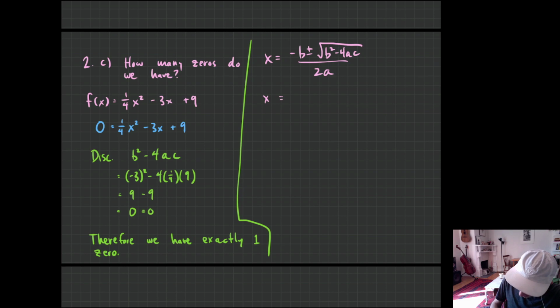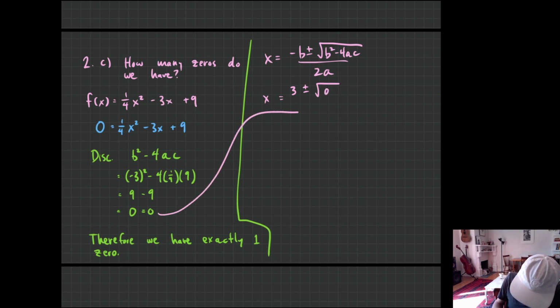Well, negative b in this case is positive 3, because b is negative 3, plus or minus the square root of, well, we already know what the discriminant is. The discriminant is 0. We calculated that already, so we don't need to calculate that again.